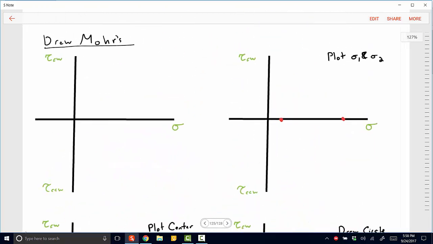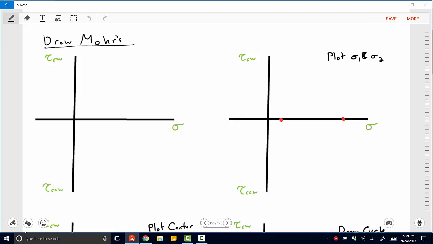So how do we draw this Mohr's circle? Okay, so we have two choices.